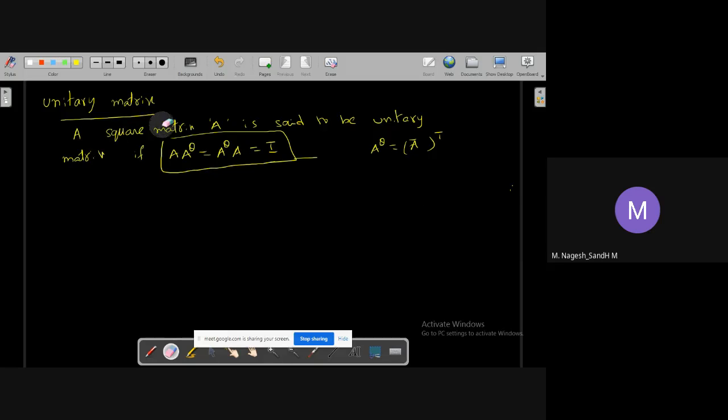So now we'll see one example on this. Question: verify whether the following matrix is unitary or not.